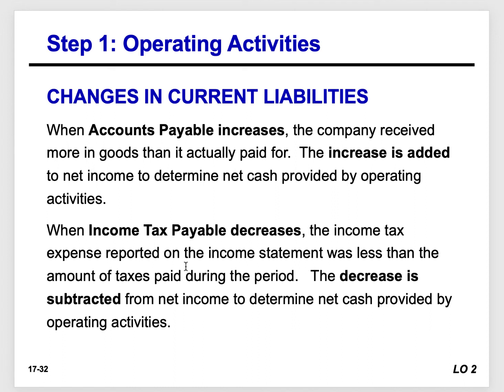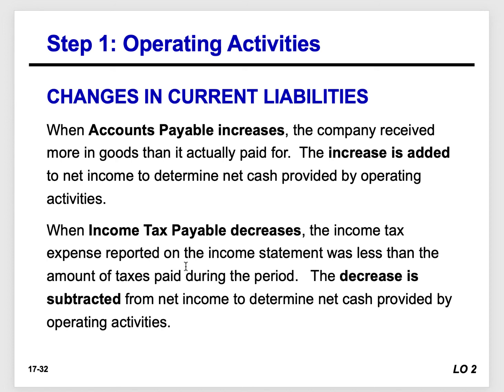Well, if income tax payable decreases, the income tax expense that we have reported on the income statement is actually going to be less than the amount of taxes paid during that period. So that decrease is subtracted from net income to determine what net cash was provided by the operating activities.